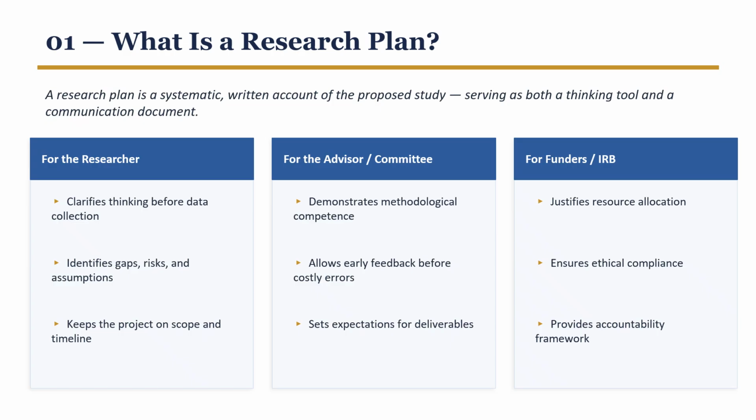So the research plan tells the IRB that you are following the ethical considerations for working with human subjects. If you were working with funders, it would show how the resources are being used and how you're allocating those. And probably for everybody across all three of these domains, it really is an accountability framework. It sets up what you're going to do.